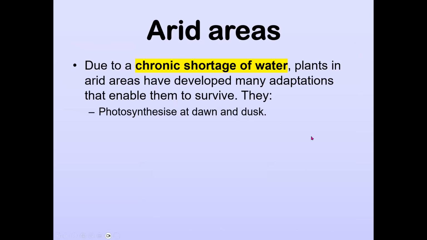In arid areas, there's what's called a chronic shortage of water. There's very little water at any time. So they develop many adaptations to allow them to survive. For example, they will photosynthesize at dawn and at dusk. This is around the world. At dawn and dusk, there's a little bit of light. It's not hot.